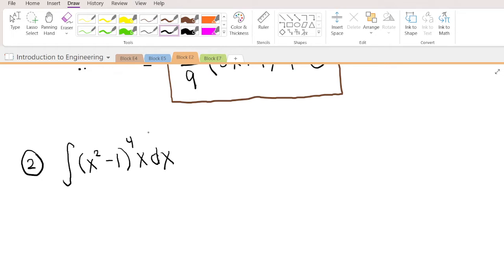So of course, the first thing is to let u be equal to, of course, by now, I hope you know what is the difficult looking expression. It is the x squared minus 1 because it has the highest power and it's usually enclosed in a power or in an exponent. And what we're going to do next is to do the derivative.